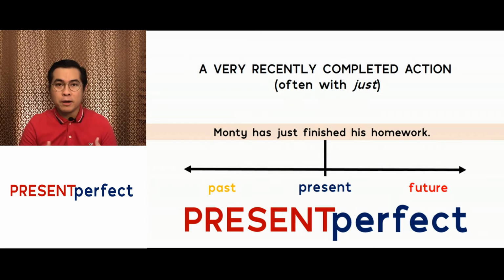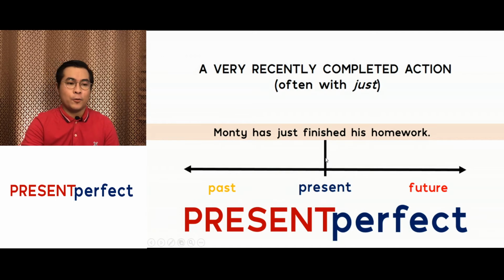Okay, so always remember that's the difference between the perfects and the simples. The simples are not related anymore to anything in the present. But for perfects, it still has an effect at the present time. So in this case, "Monty has just finished his homework" has an effect in the now, or in the current moment.